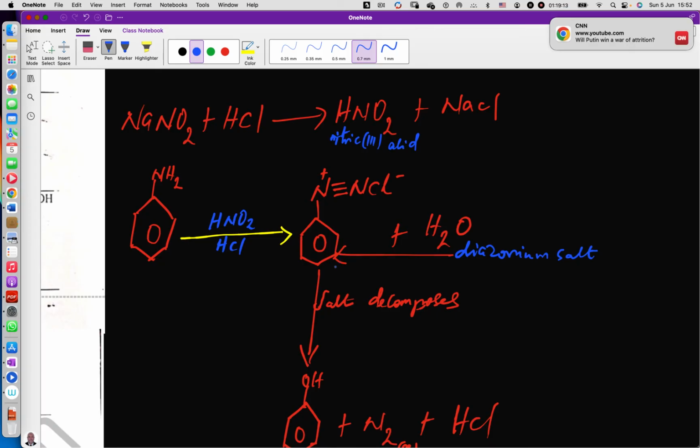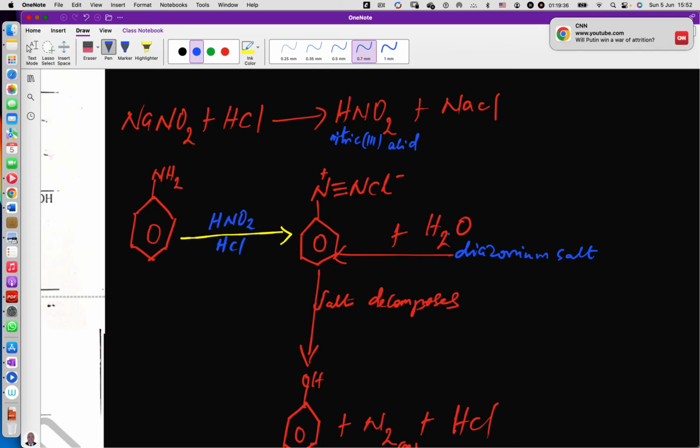This diazonium salt is very, very unstable. It removes the hydrogen here and replaces it with the nitrogen and the chloride.